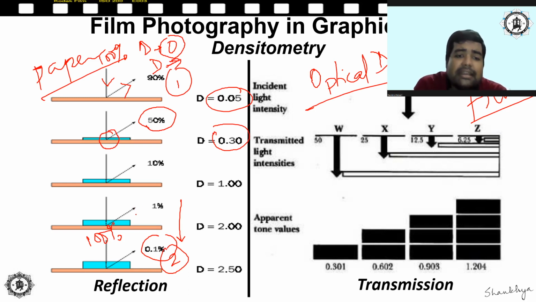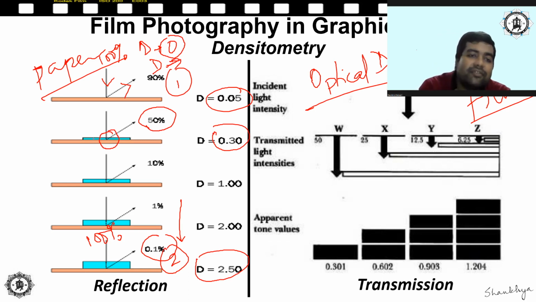So naturally the optical density for this particular ink film will be the highest, very high. So the concept here is, lower the amount of reflected light, higher is the density, right?